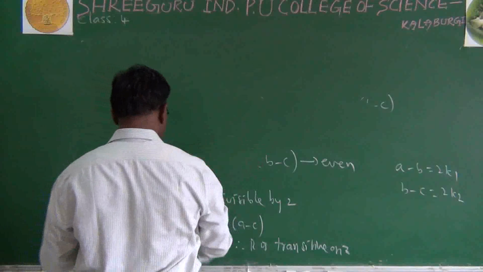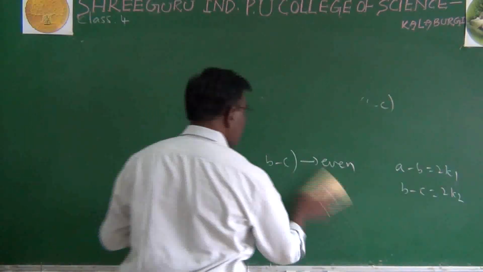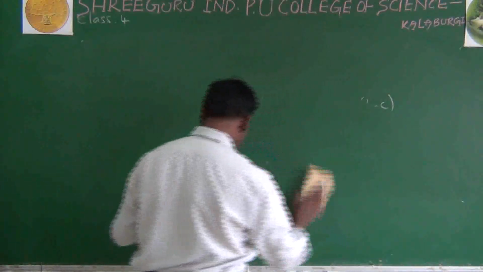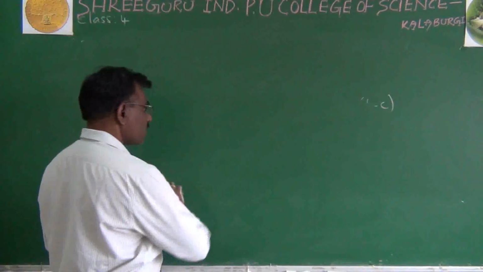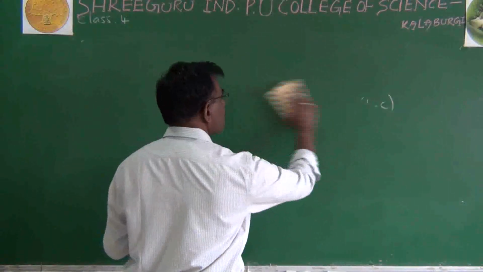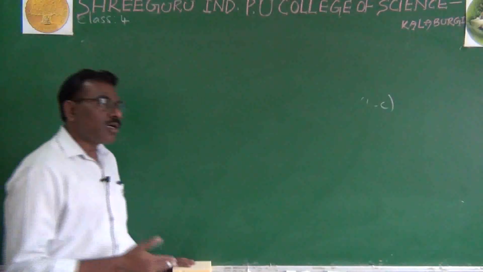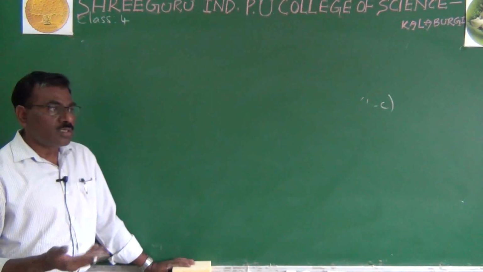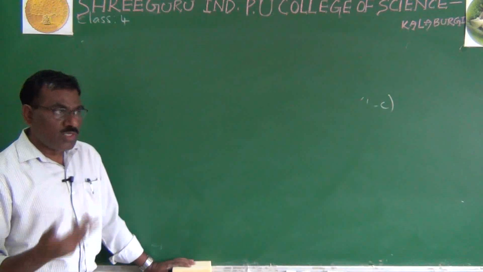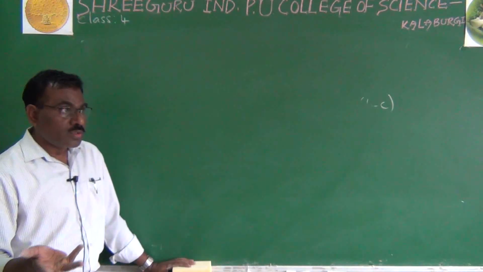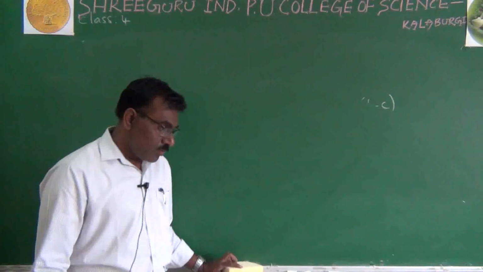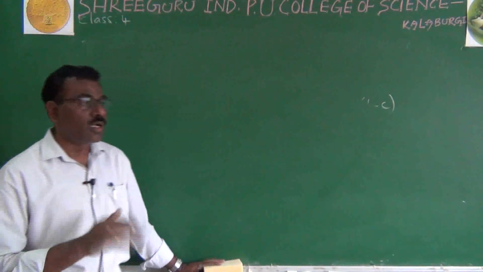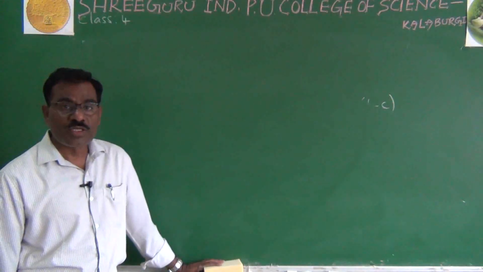In transitive, a minus c is a minus b plus b minus c, and totally your answer is even. A minus c is even means a minus c is divisible by 2. So 2 divides a minus c, (a, c) belongs to R. Hence it is an equivalence relation.